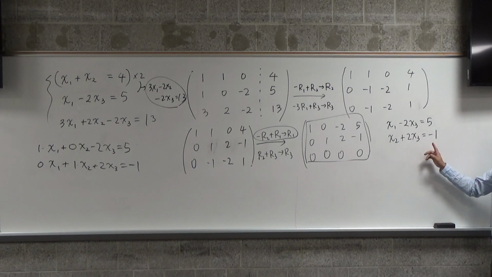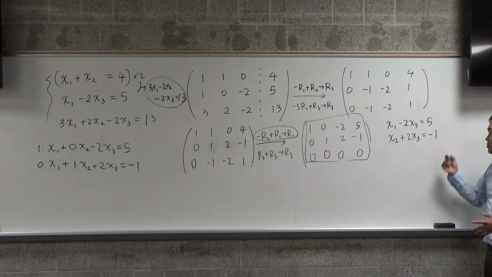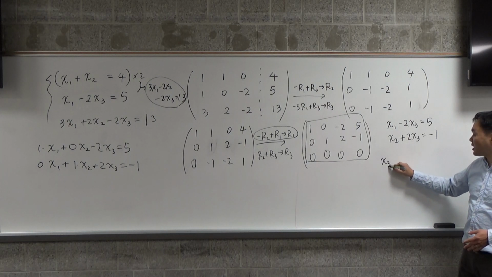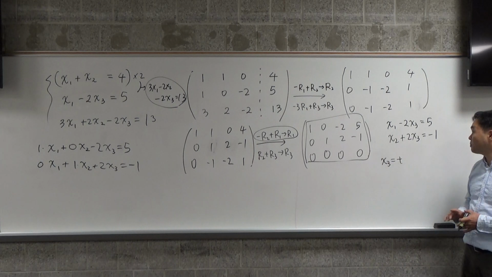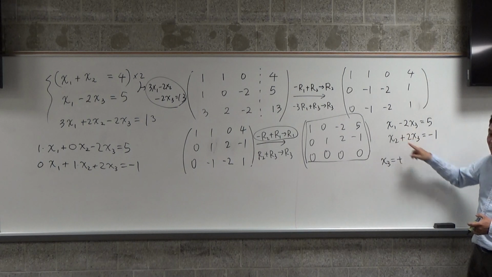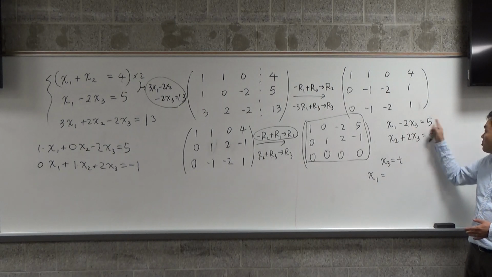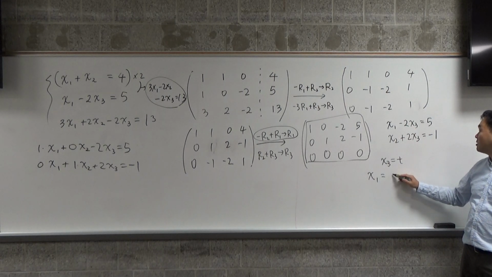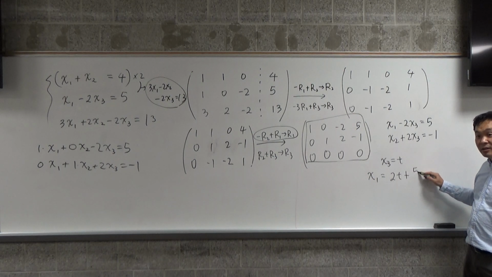So this is a one-dimensional space of solutions, and you can write down the generic solution by first setting x3 as t. So x3 is some arbitrary t, right? You plug that in, and you can solve for x1 and x2. So what do you get for x1? Plug in t, move it to the other side. You get 2t plus 5, right?